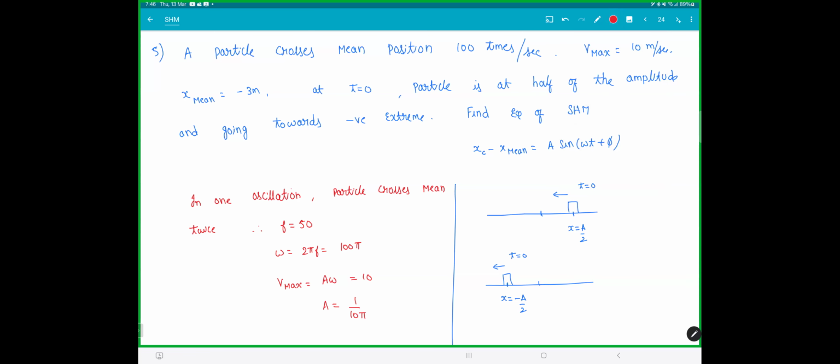What is the phase angle for this? A by 2, 30 degrees. Means another 30 degrees you would have completed a quarter circle. So this guy is 150. This guy is 30 degrees beyond the half circle, meaning you went a half circle and then you did 30 degrees. So this phase angle is pi plus pi by 6, 7 pi by 6. So there are two answers. If it's a more than one choice question, you have to mark both.